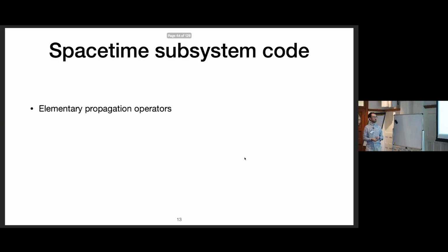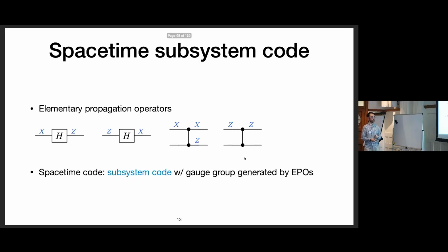The things that were causing problems are what we call elementary propagation operators. If I have a unitary gate, like this Hadamard gate here, I think about Pauli X and Pauli Z before the gate and how they propagate through the gate. So X goes to Z, Z goes to X, and I can define these for all of my unitary gates.